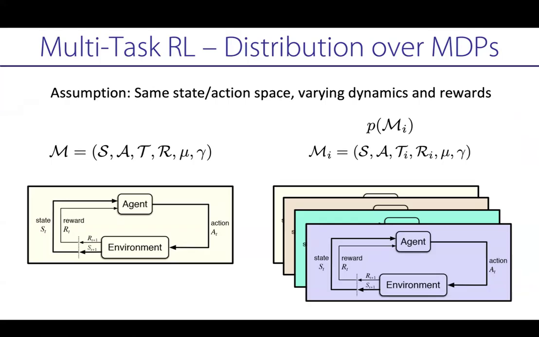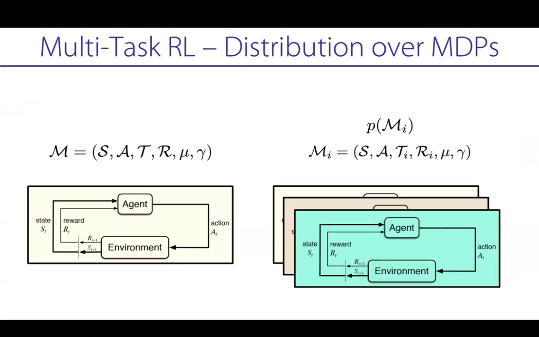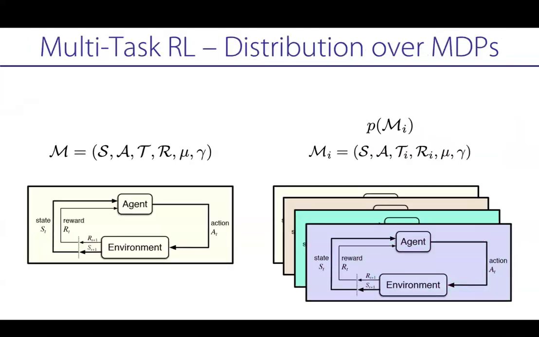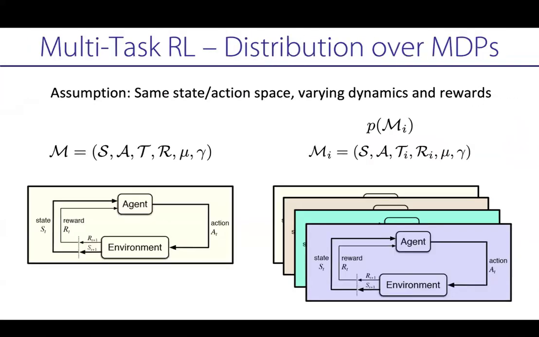Rewards are different, but then you have behavior being different because your policies are being conditioned on task specification, right? So you're conditioning on task specification, which means you know which of the rewards you're trying to optimize. I think the thing that I find a little hard, well, basically what we're doing here is having a bunch of different policies.